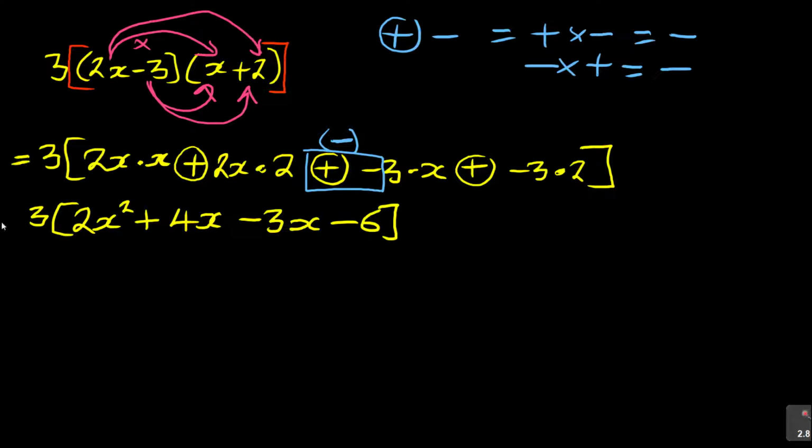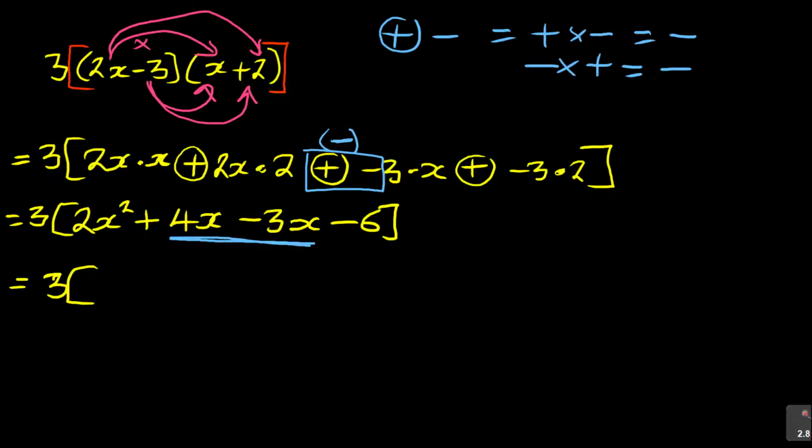Now, this is how you work this out. You've got two options now. You can continue to maintain your 3 outside and work out what is similar. You will have the center terms similar, meaning 4x minus 3x. Remember, these are like terms. It's like saying 4 minus 3, which is 1, so it is 1x.